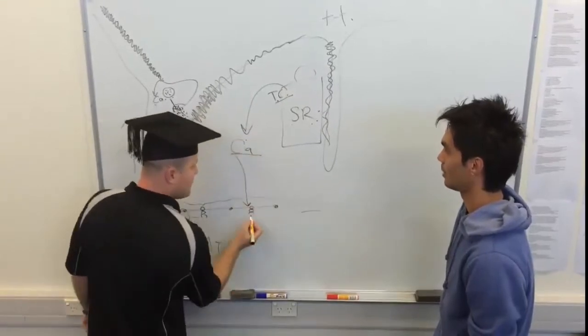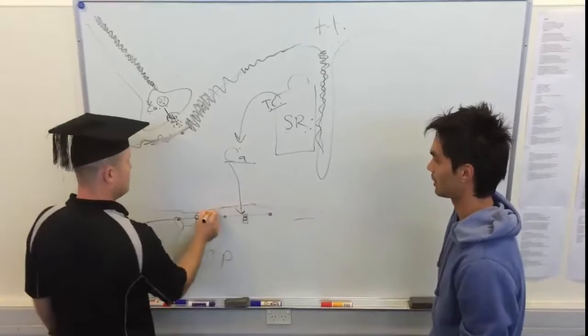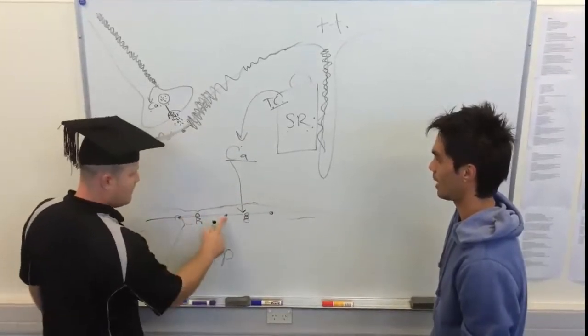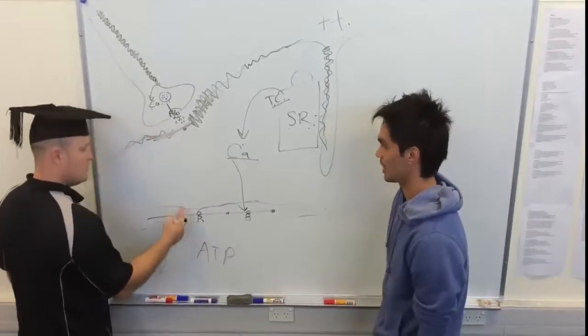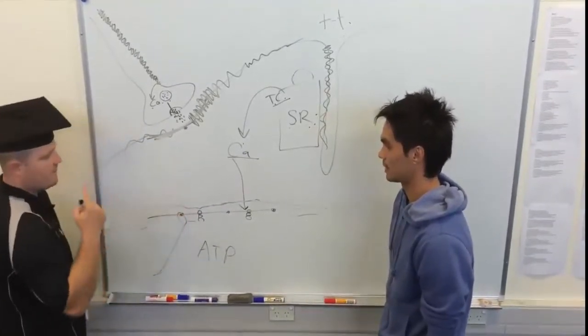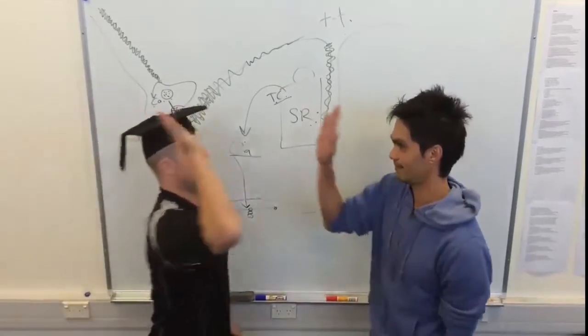Calcium then binds to the troponin, which then pulls the tropomyosin away from the actin binding sites, which allows the myosin heads to attach to the actin binding sites. Then we need ATP to cause the contraction. Done. Boom!